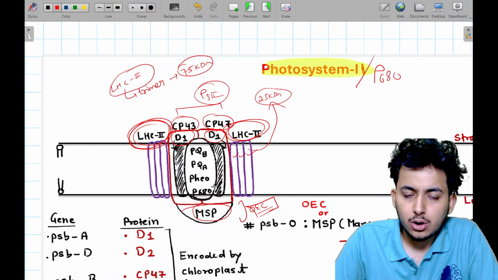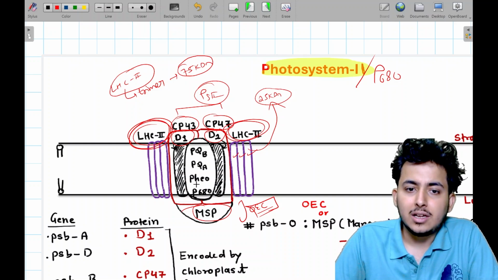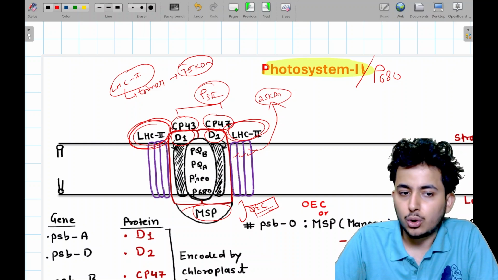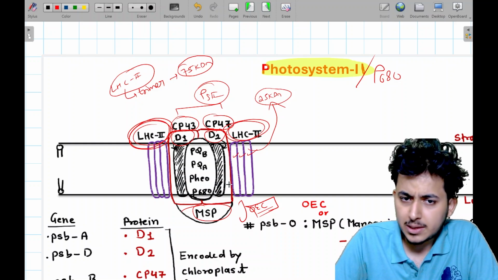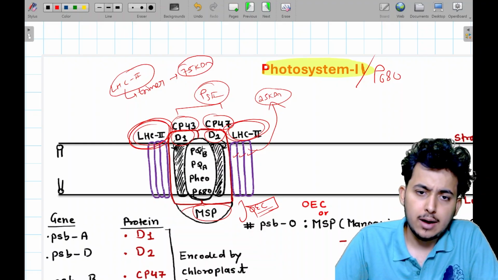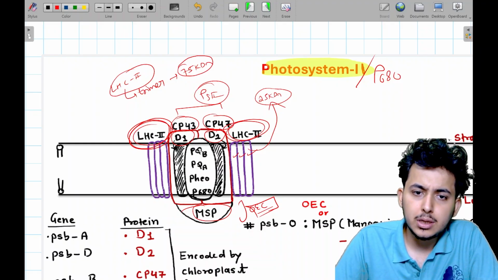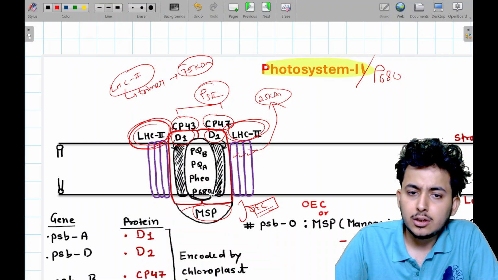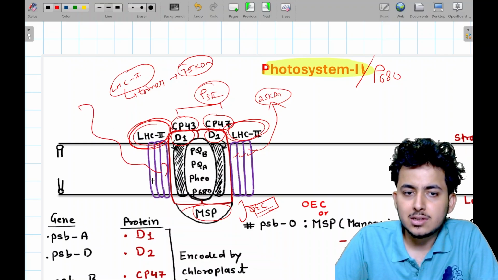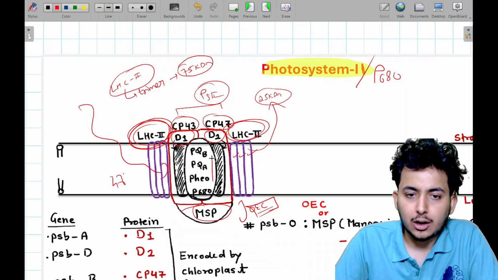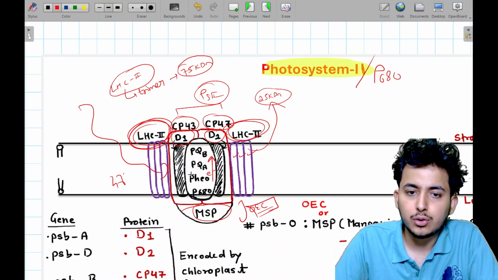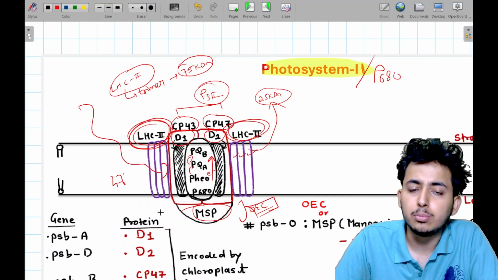For now you need to know that there are different electron carriers present. Basically you have PQA, PQB, and pheophytin. Once light is incident, the flow of electrons happens from pheophytin to PQA, PQB.